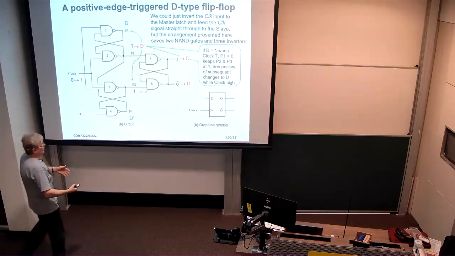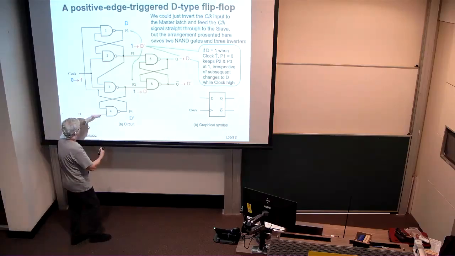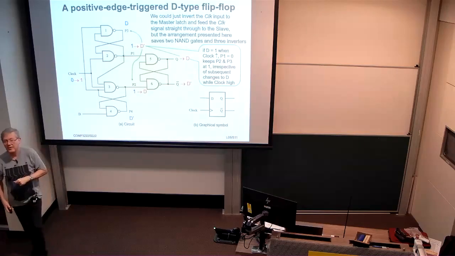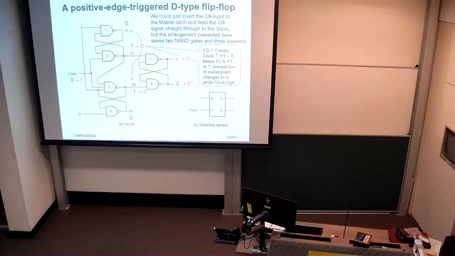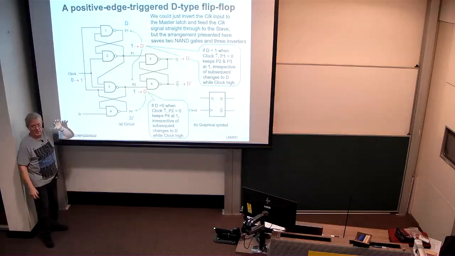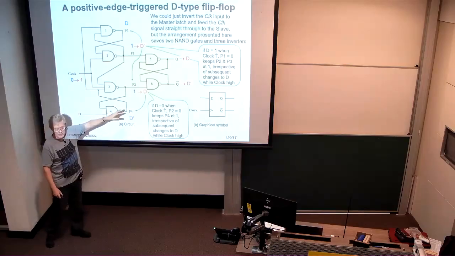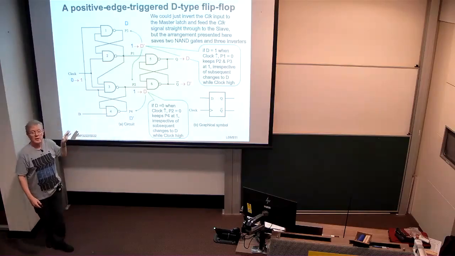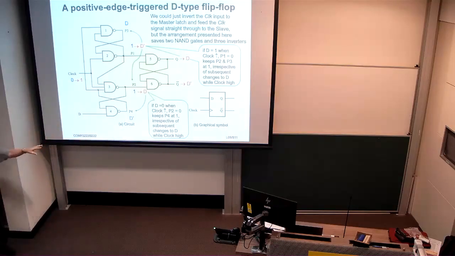And as a consequence, we still can't get new values of D coming through into the flip-flop. Okay? So in both cases, if D is 0 or D is 1, after the clock's gone high, we can't have any further changes to the output of the flip-flop. And therefore, it only transitions when the clock goes high. That's the only time it transitions.